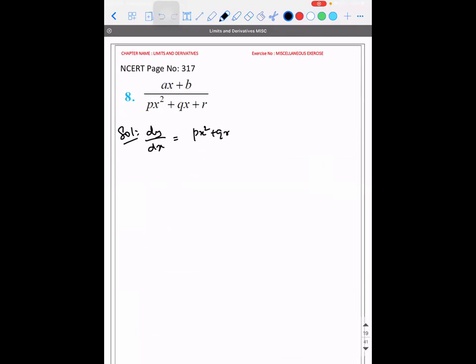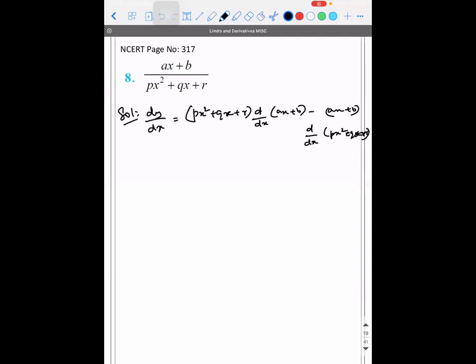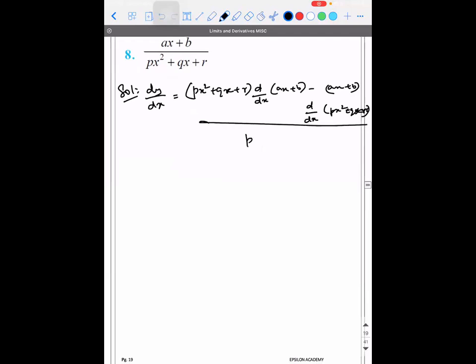Px square plus qx plus r into d by dx of ax plus b, minus ax plus b into d by dx of px square plus qx plus r, the whole divided by px square plus qx plus r, the whole square.